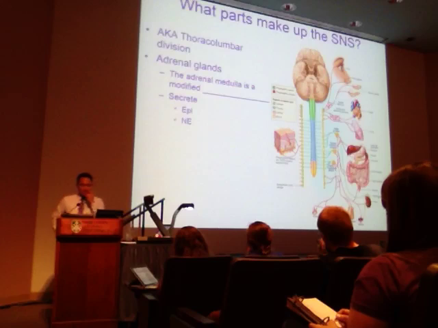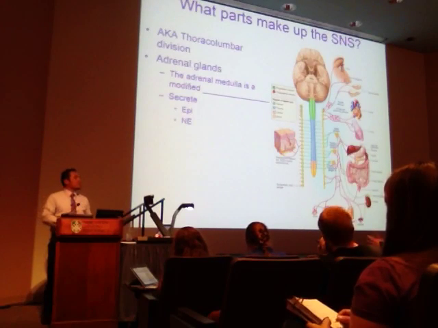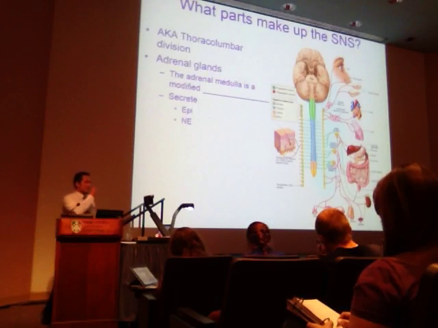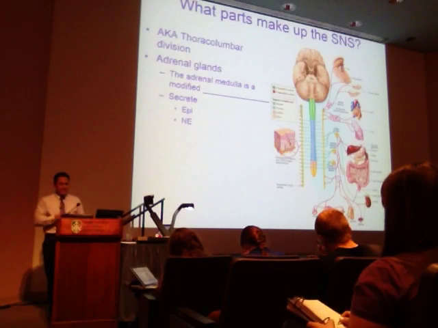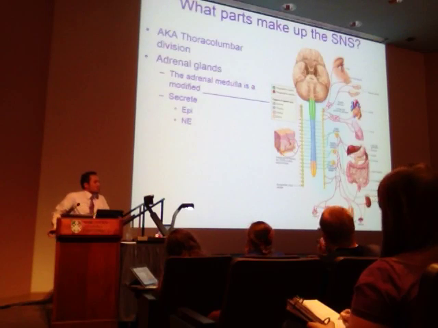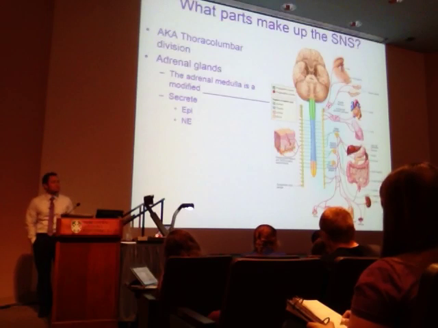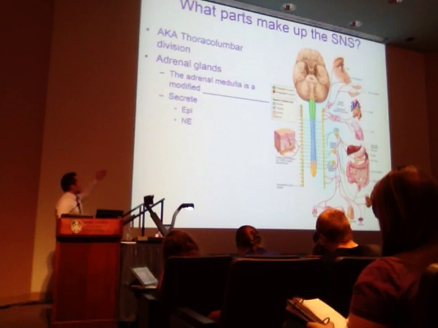Remember, what is the definition of a ganglion? Yeah, a collection of cell bodies, nerve cell bodies. So this is a collection of cell bodies, and it functions to secrete two main actives. The first one we refer to as epinephrine, and the second one we refer to as norepinephrine, abbreviated EPI and NE.